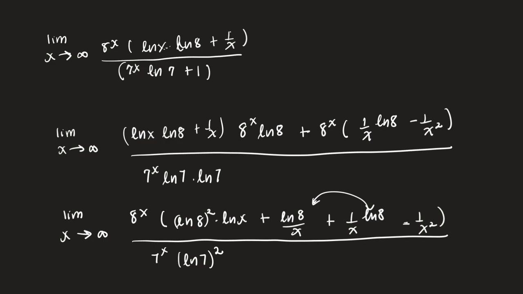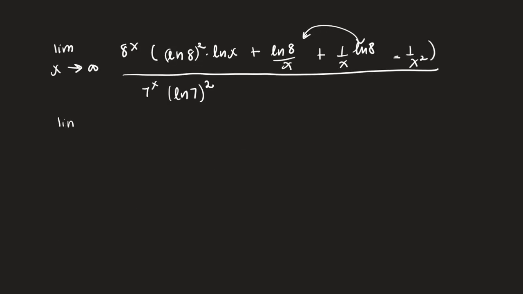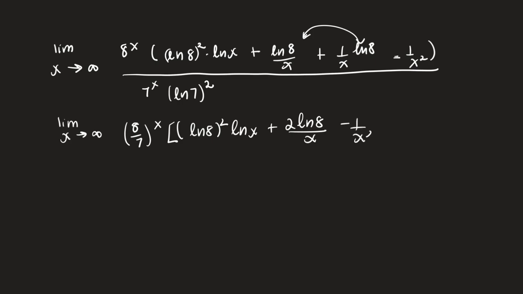So let's go ahead and simplify. So we have the limit as x approaches infinity of 8 over 7 x times the natural log of 8 squared times ln of x plus 2 natural log of 8 over x minus 1 over x squared all over ln of 7 squared.